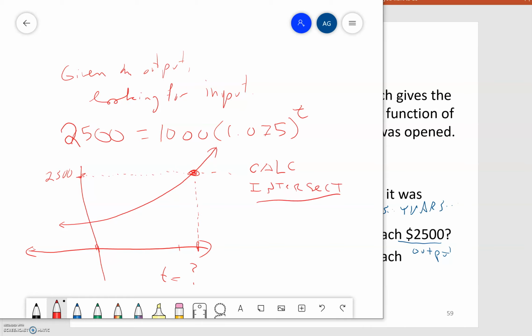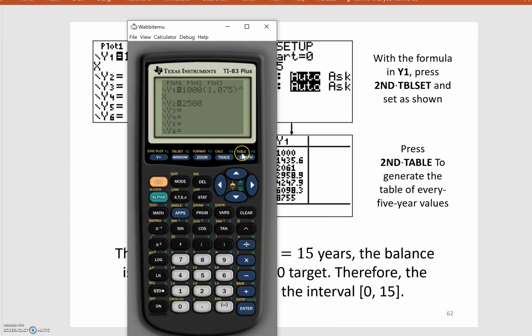Well, one way to do this is to go to the table, and that's what's happening here in this slide. As it says, we can press second table. This is actually doing the table in increments of 5. Let me just go to the table as it stands right now. What it's doing here is compiling these inputs.